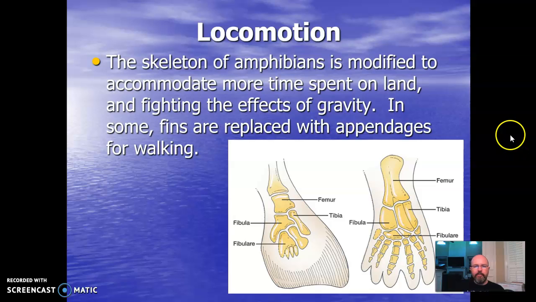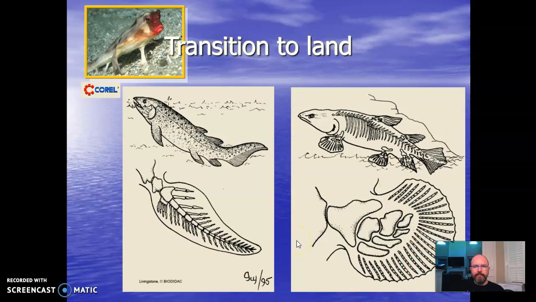If you remember in the lobe-finned fish, we saw a bunch of bones in the ends of the fin that resembled finger bones. Well, now in amphibians, we see extended bones that go out and form finger-like projections. More and more of these finger-like projections, less and less of fins.